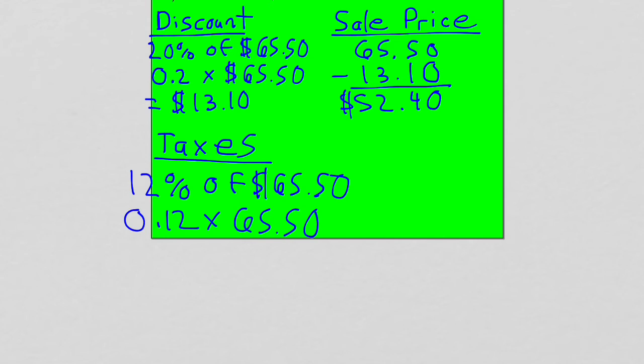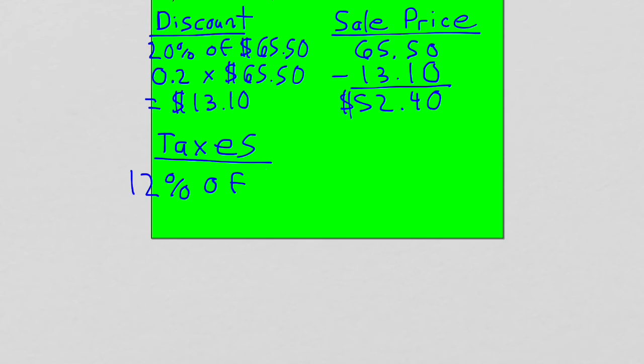Oh, Mr. Weber made an error though, right? So, what's going on here? There we go, right? Hopefully you picked up on this. You don't calculate your taxes on your regular price, you calculate it on the price you're actually going to pay, right?